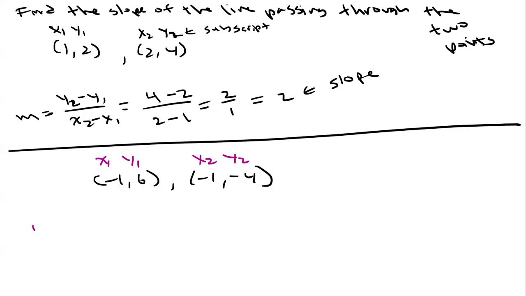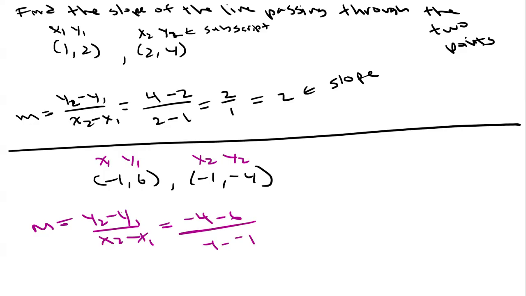So again, this is our slope, y2 minus y1 over x2 minus x1. That's going to give us negative 4 minus 6 over negative 1 minus negative 1. Negative 4 minus 6 is negative 10. And then these two negatives are going to become positive, so negative 1 plus 1 will give us 0 in the denominator.